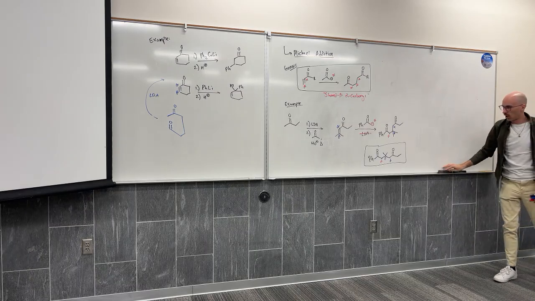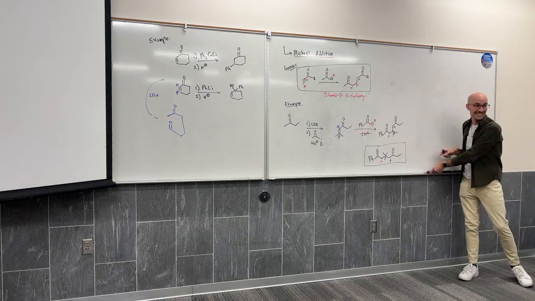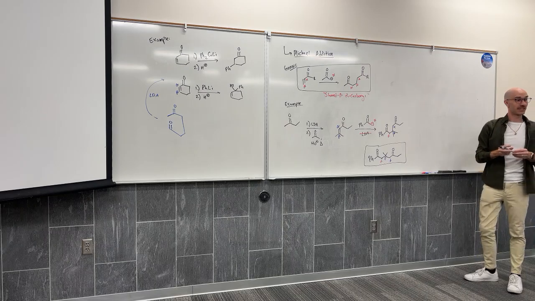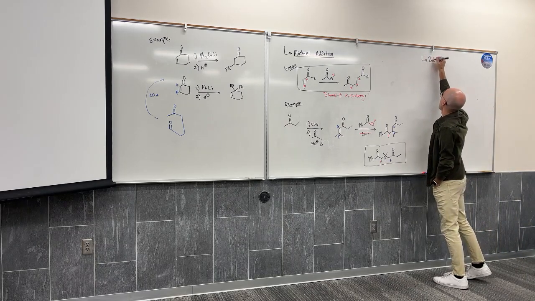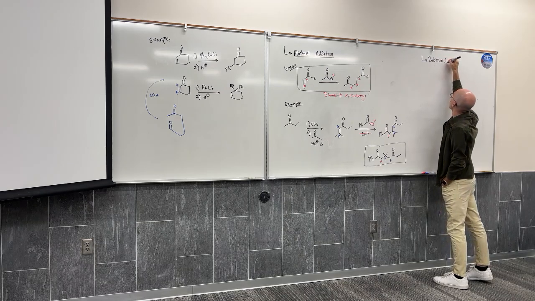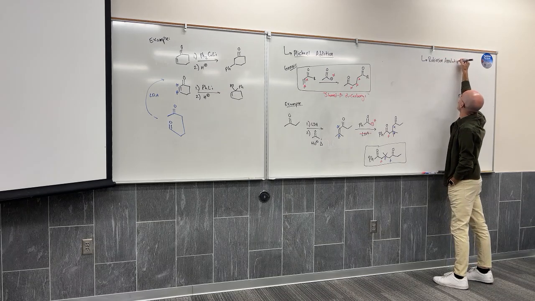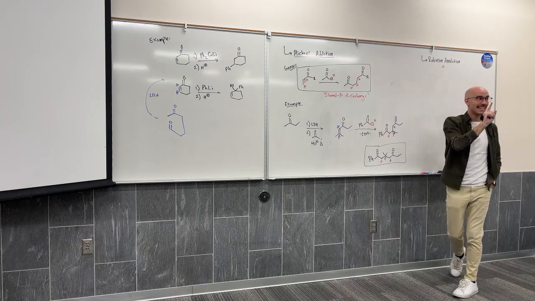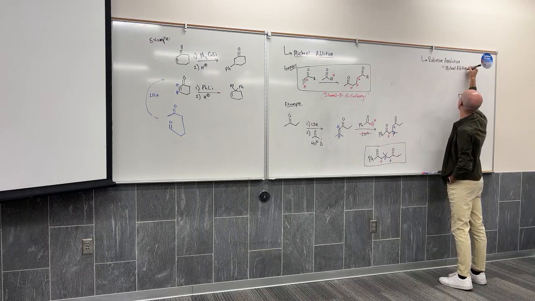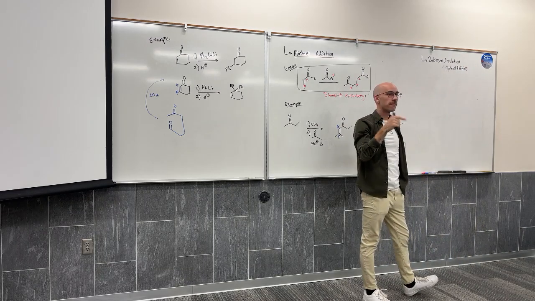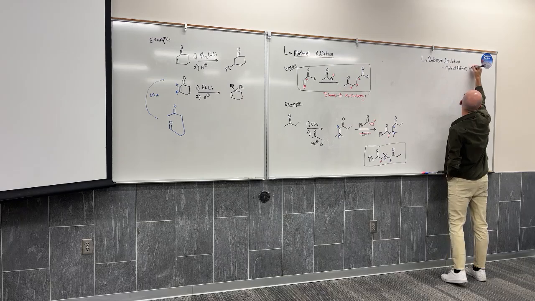Okay, now this really awful, horrendous thing happens with some Michael additions. And it's called Robinson annulation. But Robinson annulation is Michael addition followed by intramolecular aldol condensation.